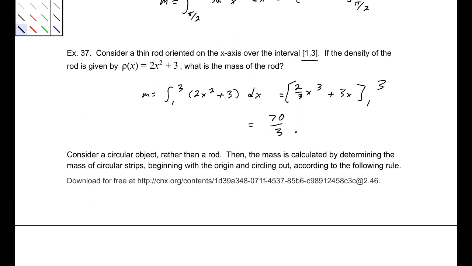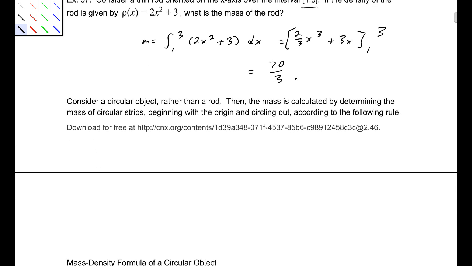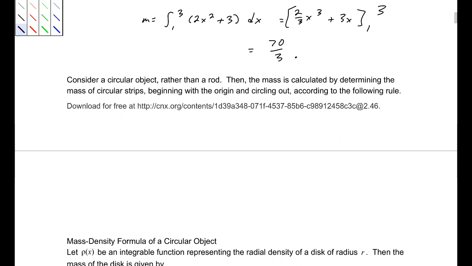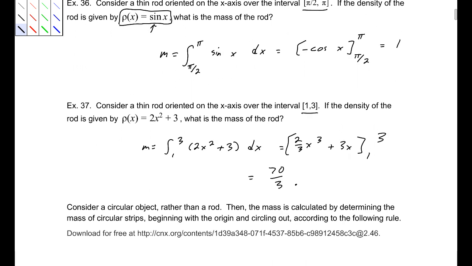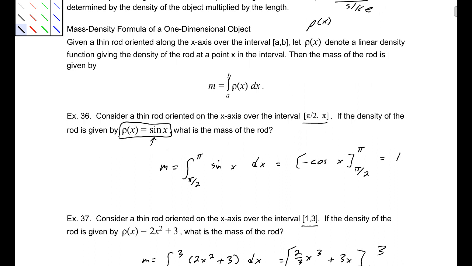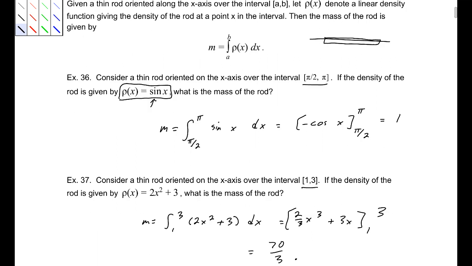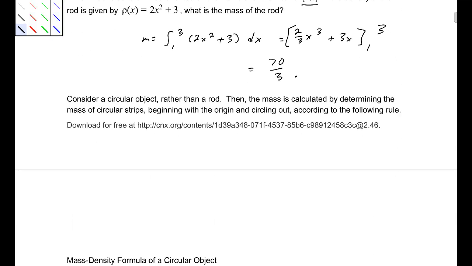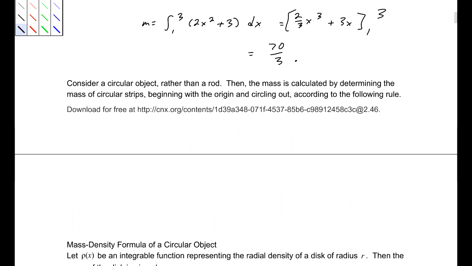Next we're going to consider a circular object rather than a rod. Previously, I didn't draw this, but really we have a thin rod like this. Now I have to draw it like it has some width, but really it's very thin. The next thing we have is a circular object rather than a rod. So imagine a metal plate that looks like so.